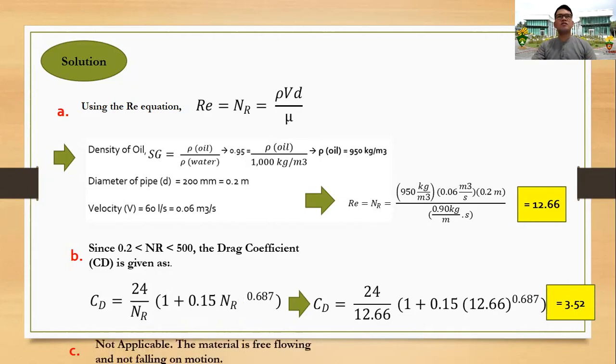So that's it. That's all for the aero and hydrodynamic properties. It's very easy as long as we understand the basic knowledge or theory about aero and hydrodynamic properties. Whatever problems may arise, or during exams when you are given problems, the most important thing is you need to identify all the factors so that when computing using the equation, as long as you already have the NR, and then you need to find the CD, then you can compute the terminal velocity and whatever.